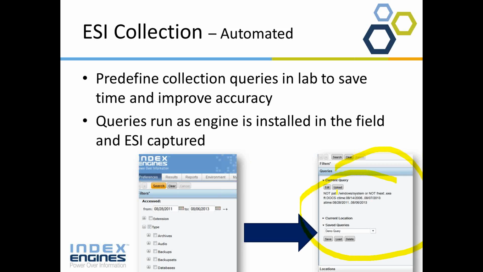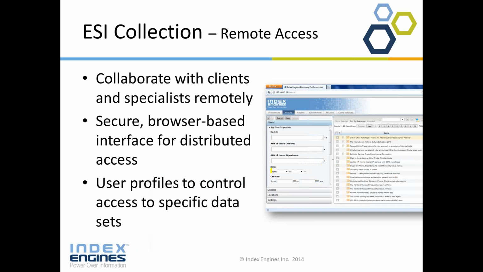So if you're doing collections in the field and you're collecting every couple of days or every couple hours, you can set this to run on a frequent basis to update itself as the data sets change. And if you're doing this in your lab as well, you can continually run the process and save these queries. And the queries can be as simple or as complex as you like. They could be simple date ranges and file types, or they can go into specific lists of custodians. And we've seen some of the saved queries being in the megabytes, significantly large queries that get fairly complex.